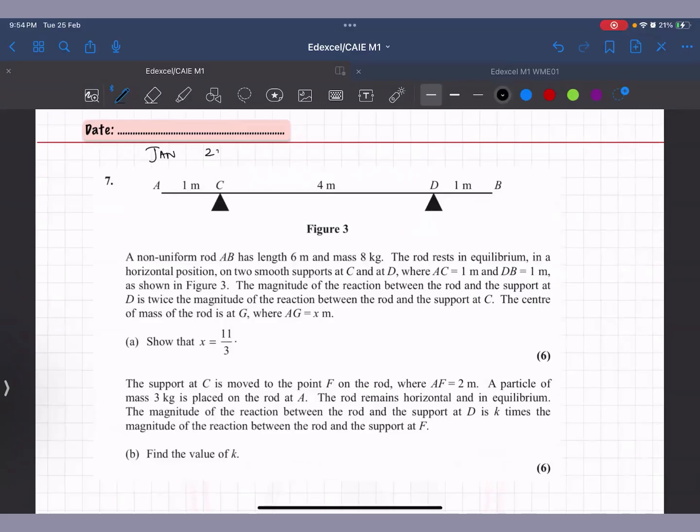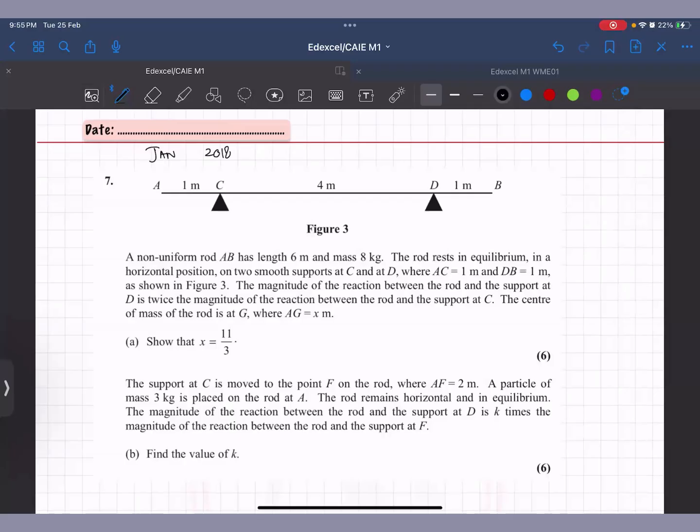Okay, let's read the question. A non-uniform rod AB has a total length of 6 meters and a mass of 8 kg. So this is a non-uniform rod, which means that the center of mass is not exactly at the middle. The rod rests in equilibrium in a horizontal position on two smooth supports at C and D, where AC is 1 and DB is 1.